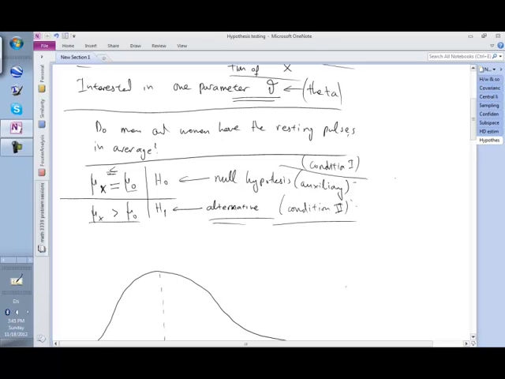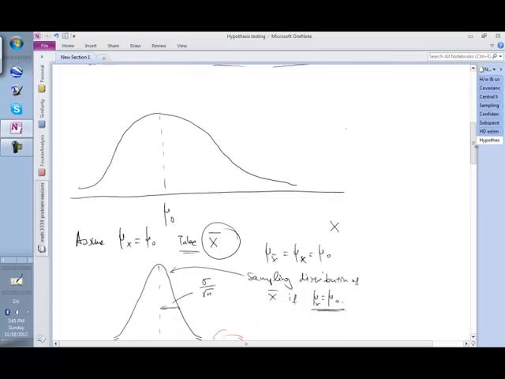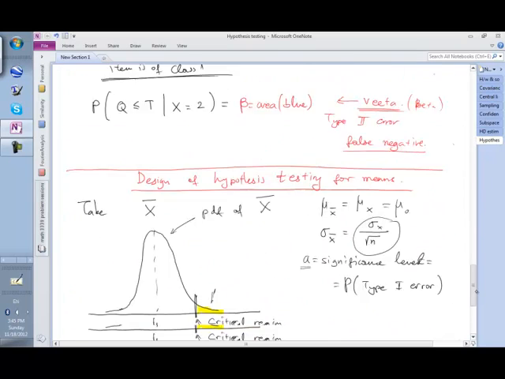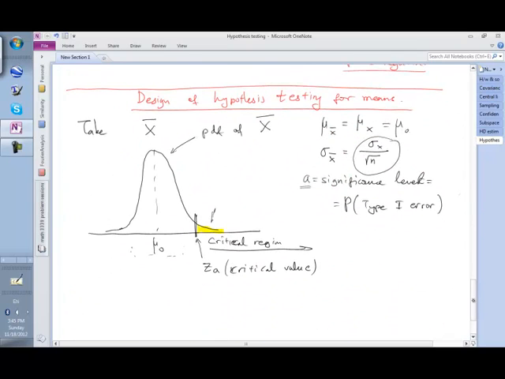This is called a one-sided test, and in particular this is a right tail test, because the yellow area that you see here is to the right part of the curve. This is the acceptance.